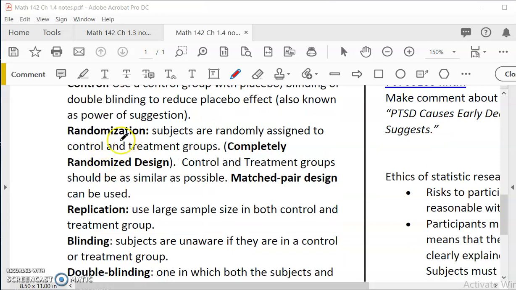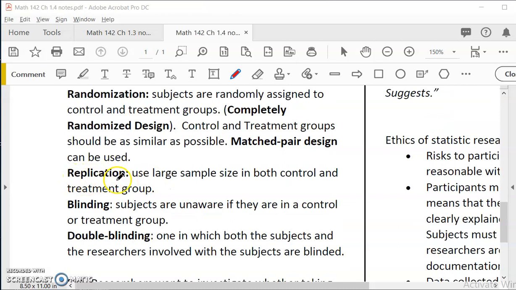Sometimes it's not good to randomly assign patients to treatment and control groups, but actually to match them so that the control and treatment groups have similar health situation, similar gender, or in an extreme case, they are twins. So instead of a completely randomized design, sometimes a matched pair design is used.